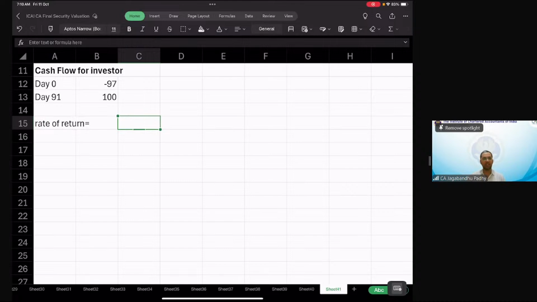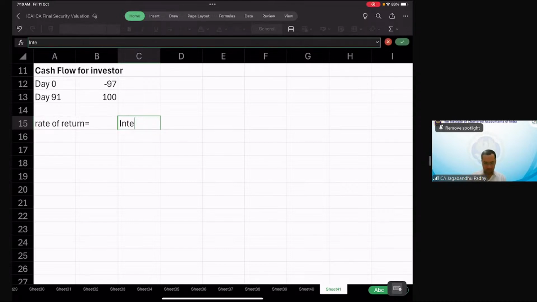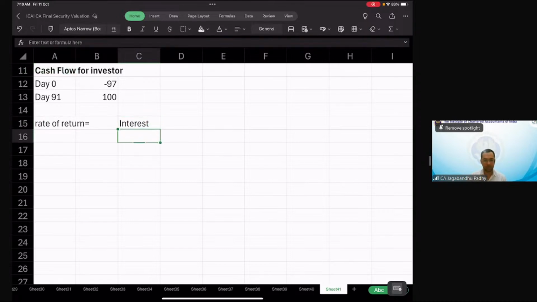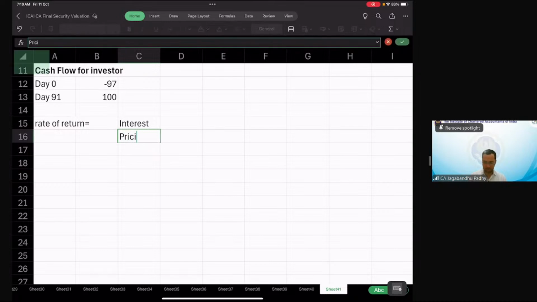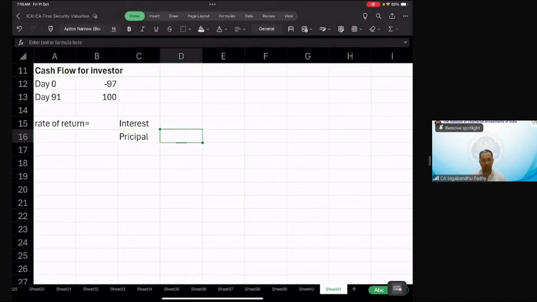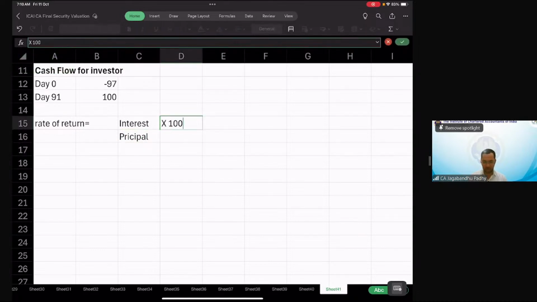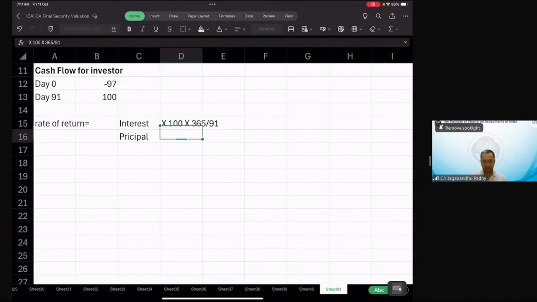So for the rate of return, first you need to check what is the interest that you are earning, correct? And what is the principal, right? Then you multiply it by 100 and further multiply it by a certain number of days to adjust it for the year. So we can simply say it is 365 divided by 91, because this transaction is happening in 91 days.